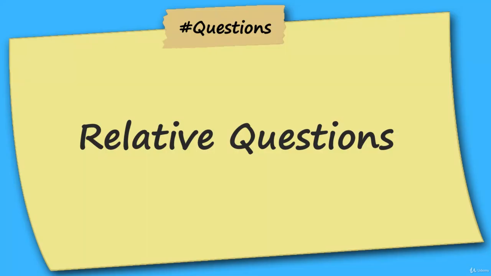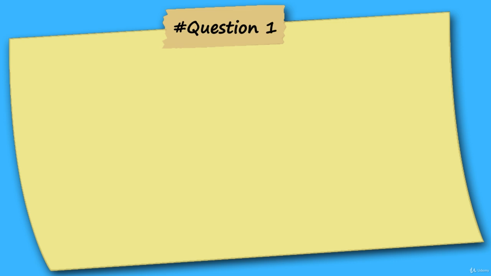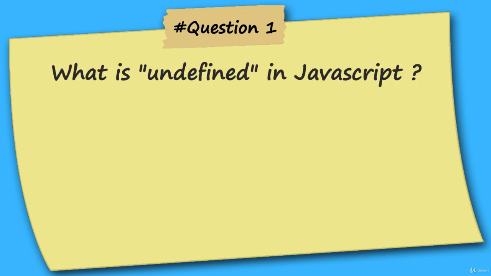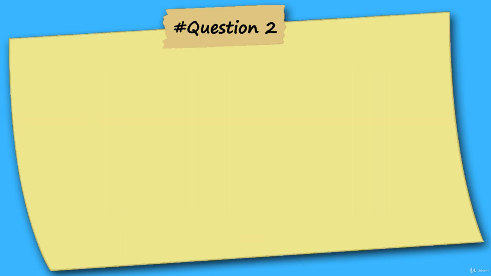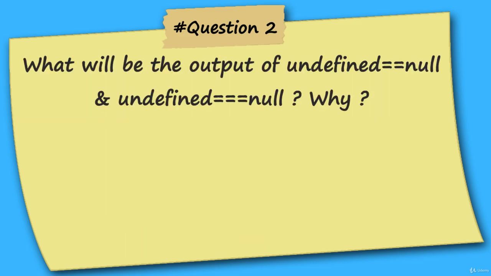Let's discuss relative questions of this topic. The first question can be, what is undefined in JavaScript? Which you already know now that a variable which is not assigned a value is undefined. The second question can be, what will be the output of undefined double equal to null and undefined strict equality null?